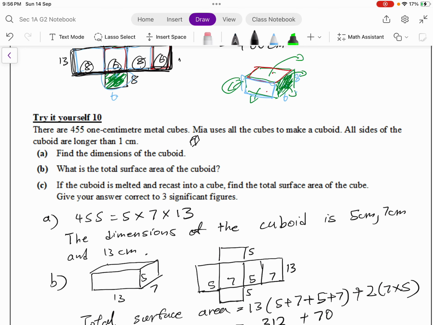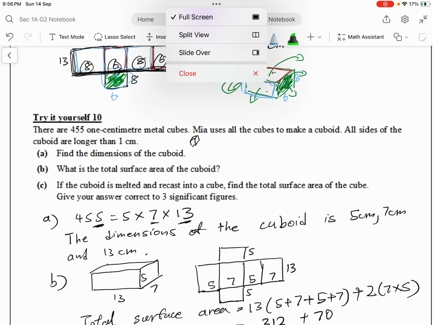Now, this one is specific because your 455 actually can be divided by 5, because the last number is 5. So I divide by 5, and I actually get a very specific number, which is 7 times 13. There is no other factor that I can actually divide it by. Let me show you.